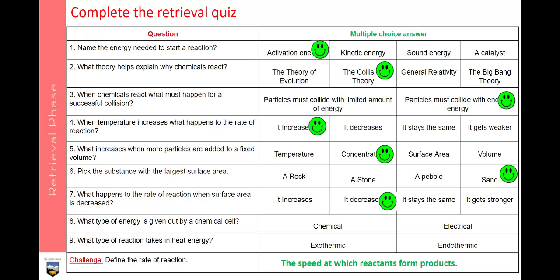Number 8, the energy given out by a chemical cell is electrical energy. Endothermic reactions take in heat energy. And define the rate of reaction? Well, that is the speed at which reactants form products, the speed at which reactants turn into products in a reaction.